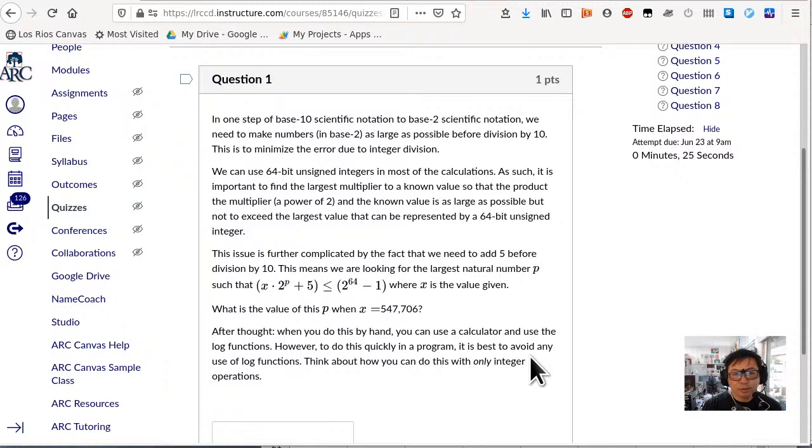So this has to do with, if you read the notes, it's a little bit forward compared to where we are in that note. So it has to do with minimizing errors. In order to do that, we have to maximize the numerator, the dividend in the division, to minimize the error.